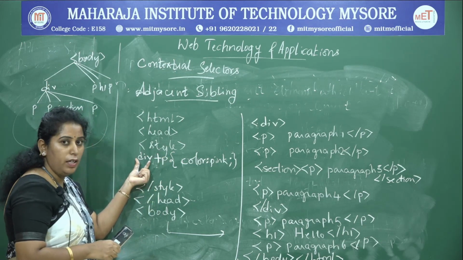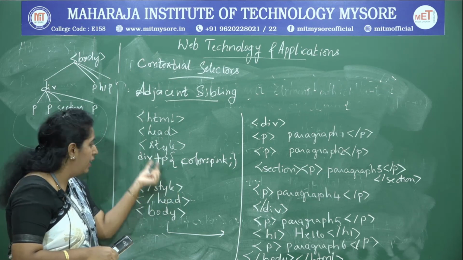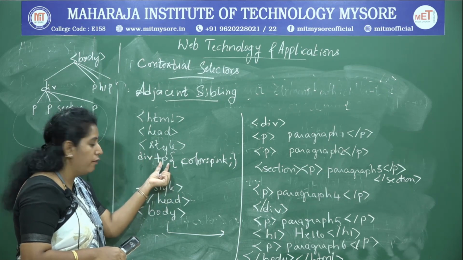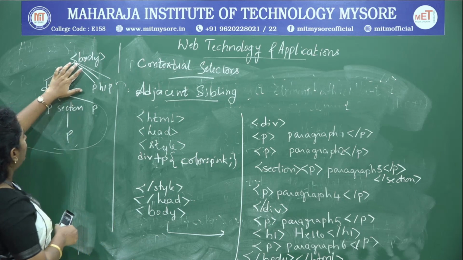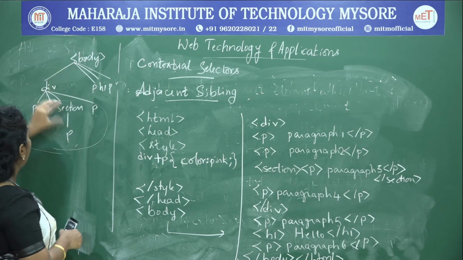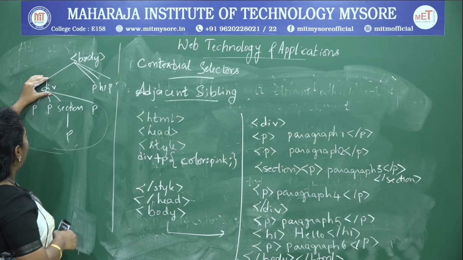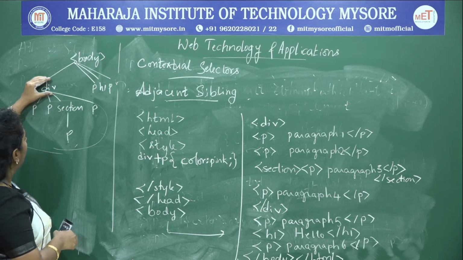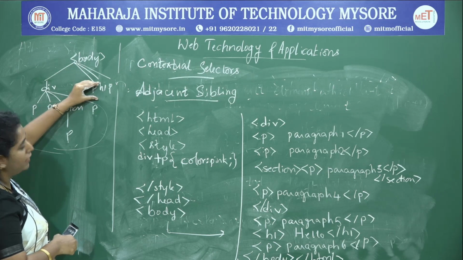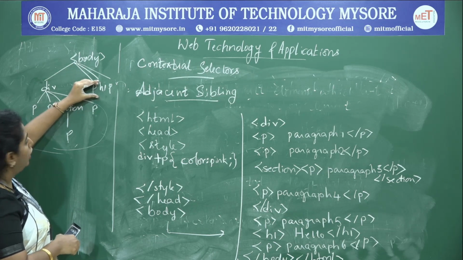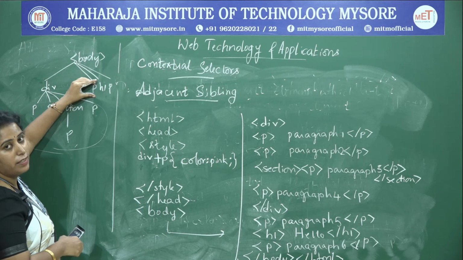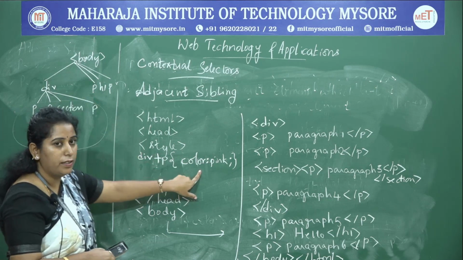For div, I have to style the next adjacent sibling, which should be P. Now you look into this documentary. Div is one child, right? For this, the next adjacent, I have P, yes. So this will be styled with pink color.